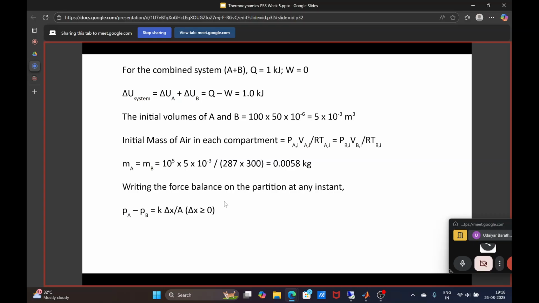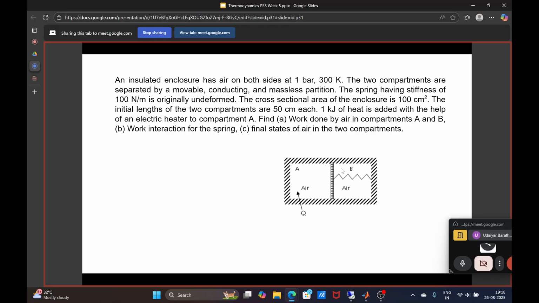If we write a force balance on the partition, we get PA minus PB equals K into delta X by A. Going back to the figure, there is a force towards the right, which is the pressure of air in compartment A multiplied by area.